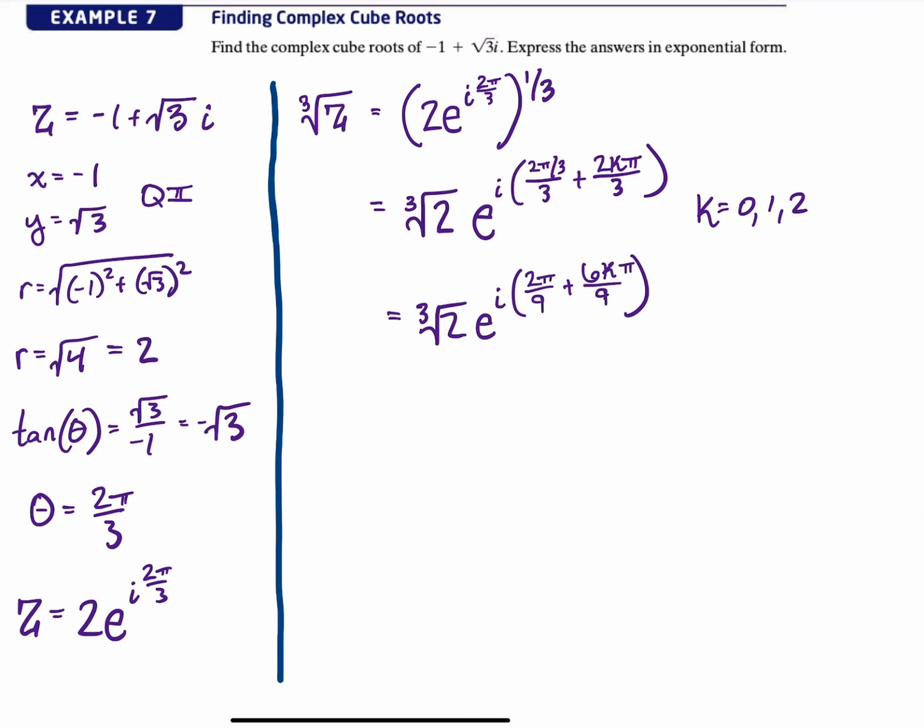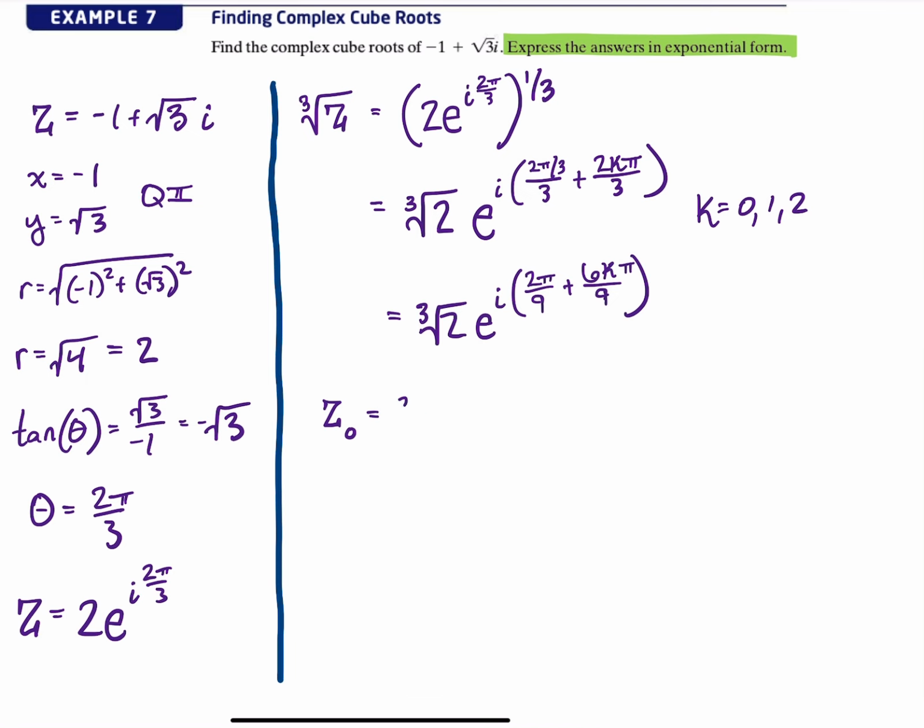So let's start listing out our solutions. And we want the solutions in exponential form. So our first one, we can call that z0. That'll be when k is equal to 0. Basically just our first 2 pi over 9 inside.